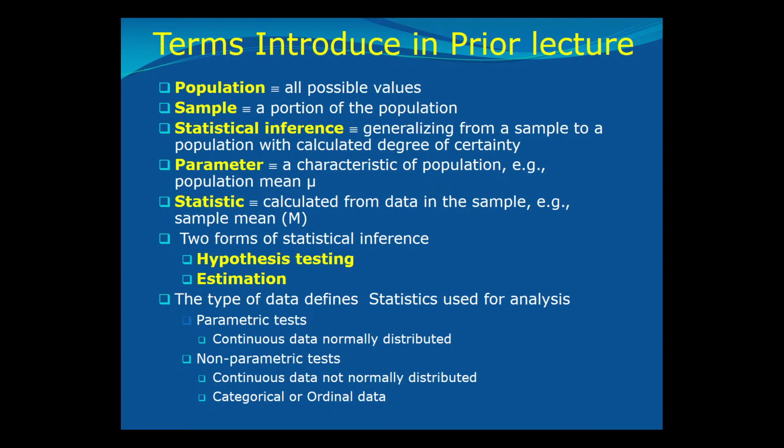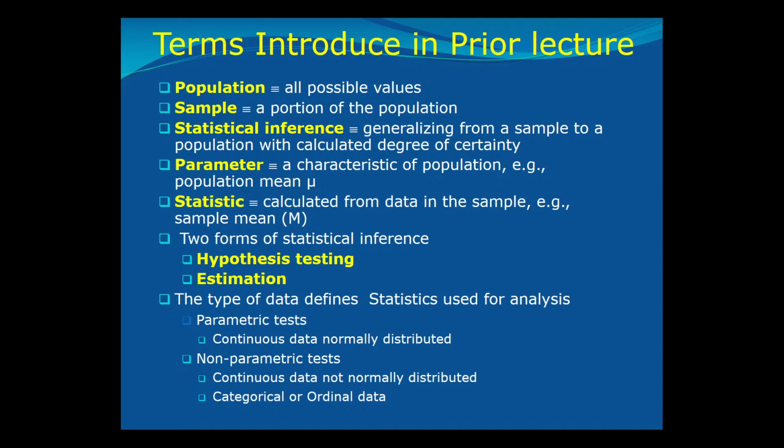There are two forms of statistical inferences: hypothesis testing and estimation. The type of data defines statistics used for analysis. So the first step for each statistical analysis is to understand which type of variable should be analyzed.